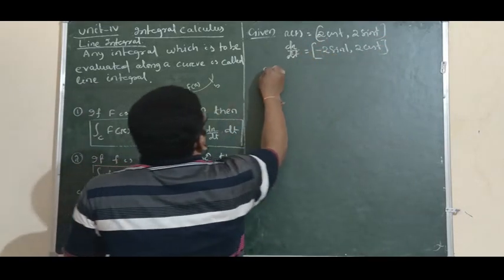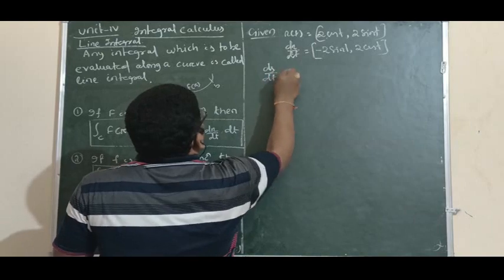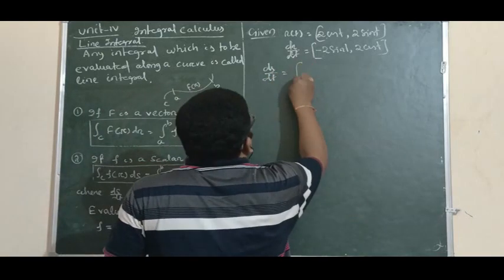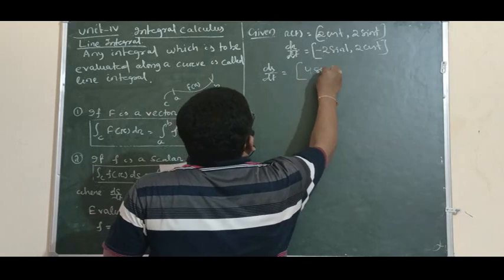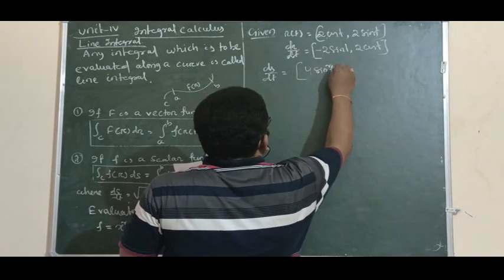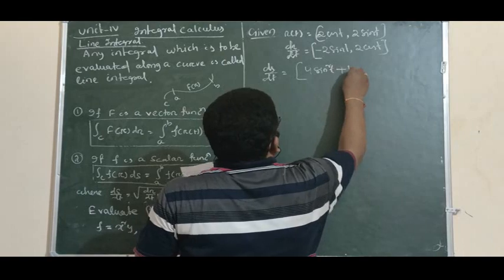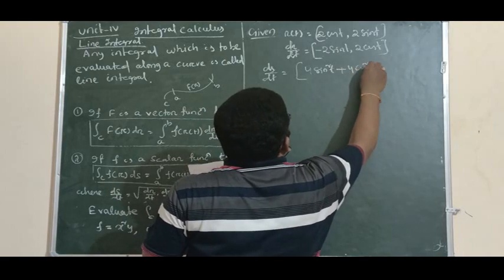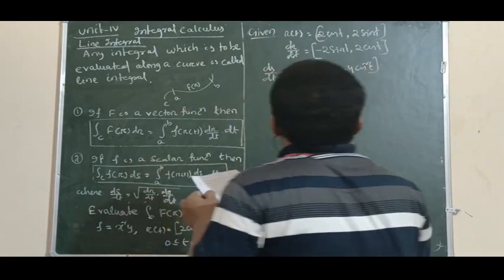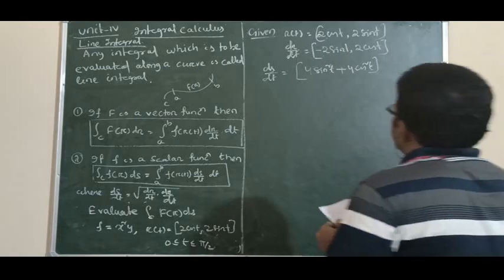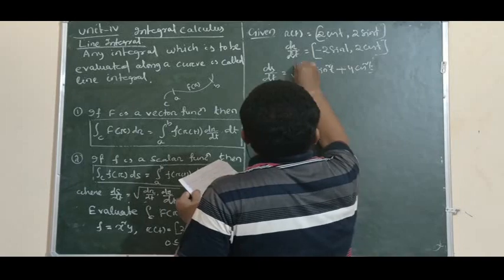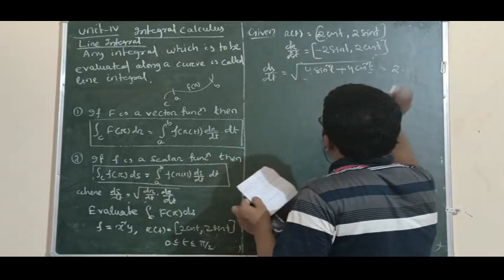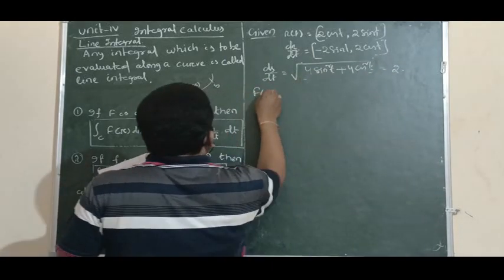So what is your ds by dt? ds by dt equal to the square root of dr by dt dot dr by dt, that is the square root of 4 sin square t plus 4 cos square t, which is 2.